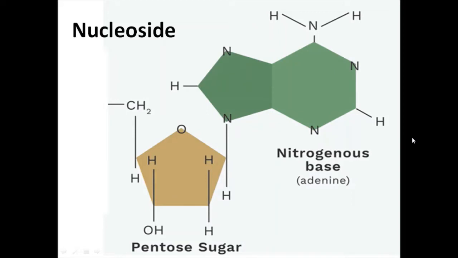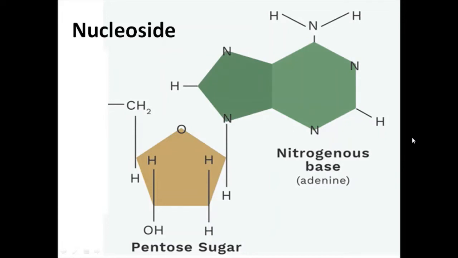Glycosidic bond formation occurs between the first carbon atom of the pentose sugar and the 9th nitrogen of a purine or the first nitrogen of a pyrimidine base by the removal of a water molecule.